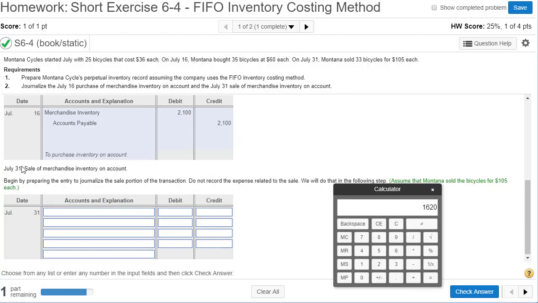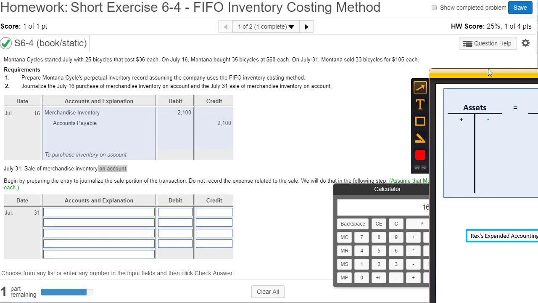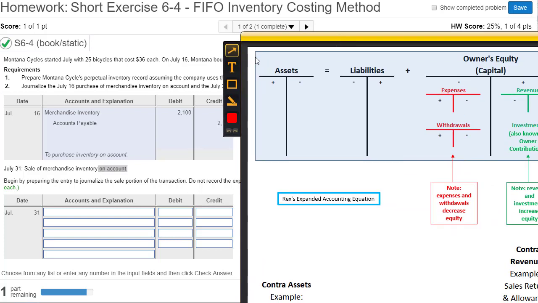Next, July 31st, sale of merchandise on account. So up here it gives us our detail on the transaction. We sold 33 bicycles for $105 each on account. So are we getting cash or are we getting AR? We're not getting cash, so that means we have to record AR, which is an asset.